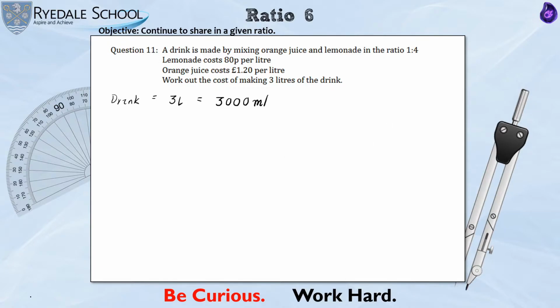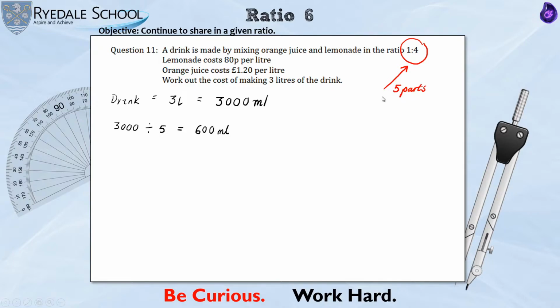Okay, the next thing is to consider the ratio that I'm splitting it into, which is 1 to 4, and that is 5 parts in total, 1 plus 4. So I need to split my 3,000 millilitres into 5 parts. So 3,000 divided by 5, remember the little mental trick, divide by 10 and double, is 600 millilitres.